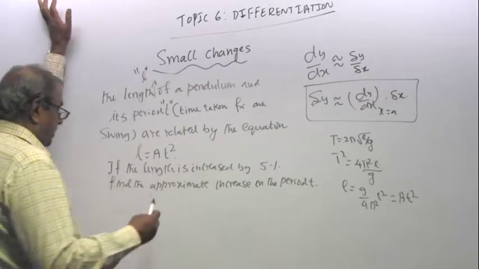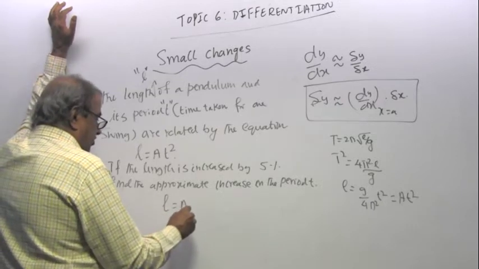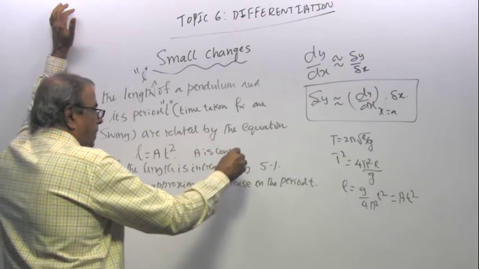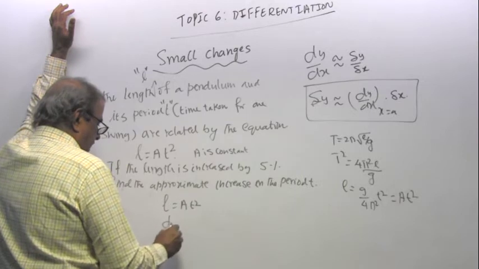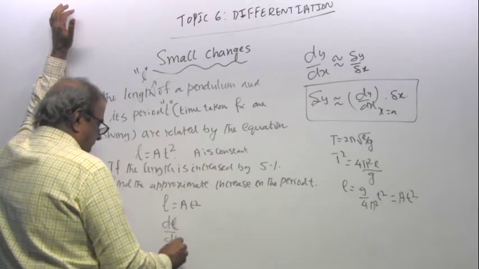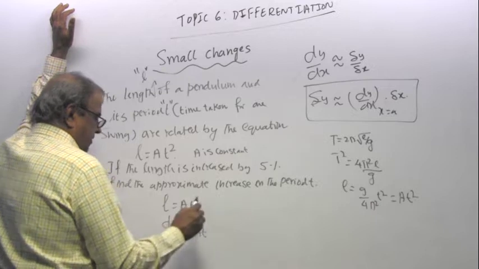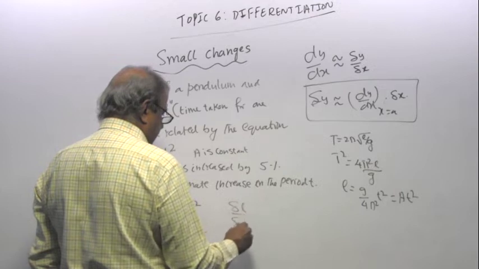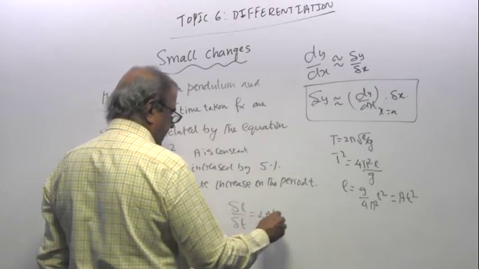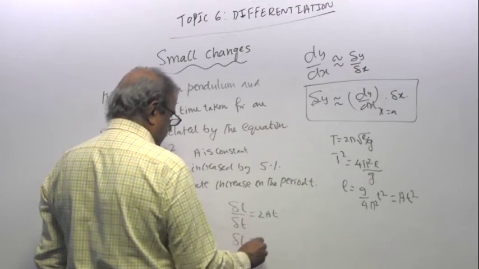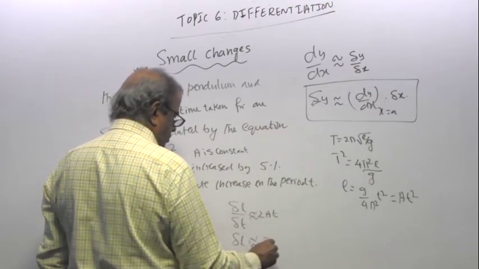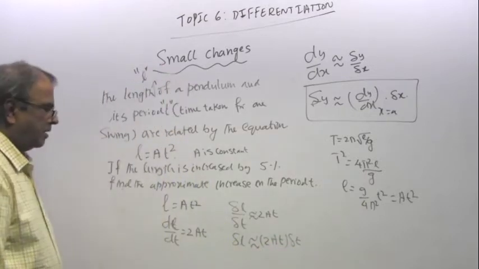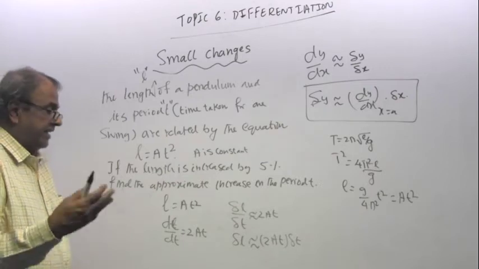Well, so I know L is AT squared where A is a constant. So dL by dT is 2AT. So therefore, delta L by delta T is 2AT. So delta L is approximately equal to 2AT delta T. You need to find what is delta T.